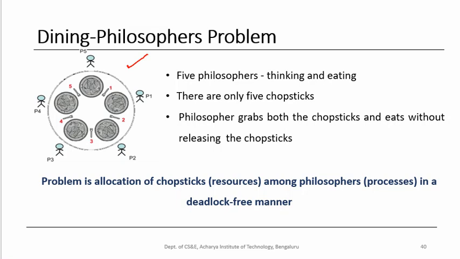There are 5 philosophers and there are 5 chopsticks. So there is a serious shortage of chopsticks for these philosophers to eat, and you have to ensure that when somebody is using a chopstick, the other philosopher cannot use it because it is a shared resource, right? And we looked at a solution. Let me show you that solution also.